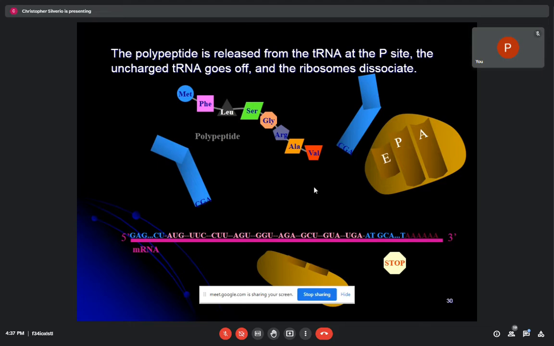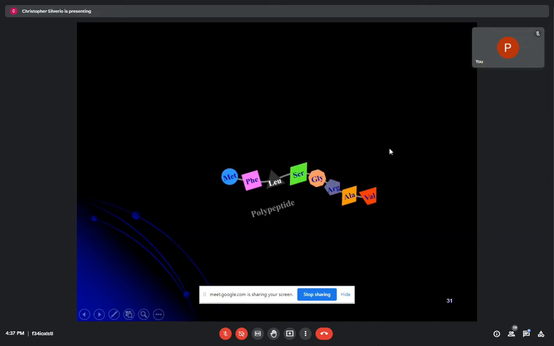There is dissociation of all the components from the ribosomes. And this is now the polypeptide, the polypeptide chain, the newly synthesized protein.